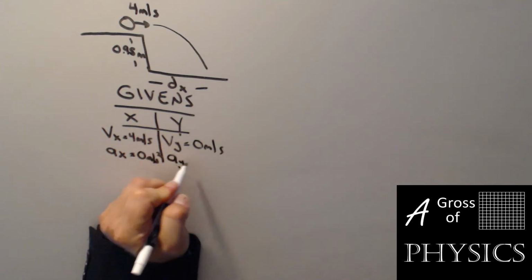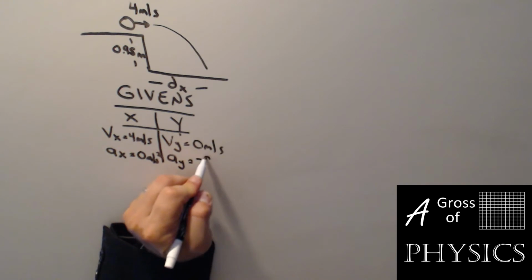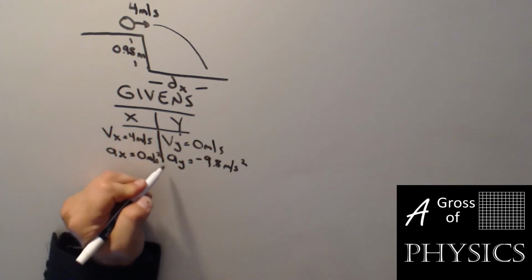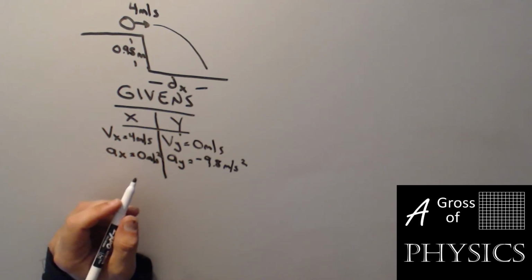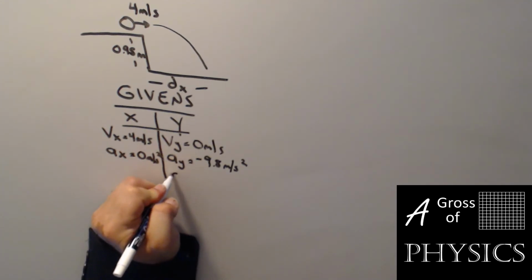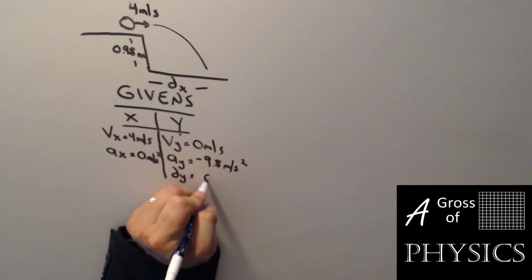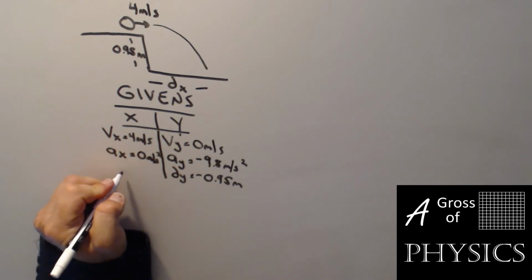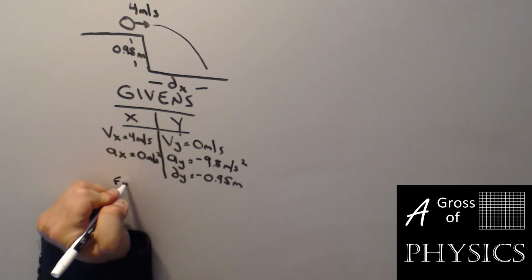And ay, because we're in the Earth's gravitational pull, is -9.8 meters per second squared. There's a distance value, and that's your d in the y direction. So dy is 0.95 meters. However, since the object fell downward, we're going to need to use -0.95 for that. The dx we don't know, so that's our find.